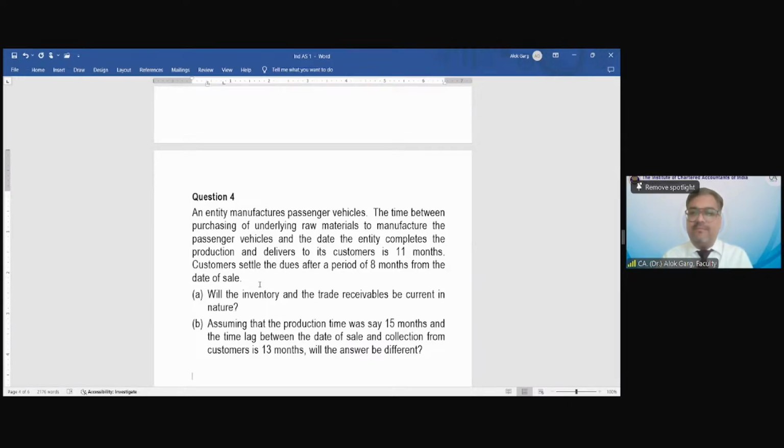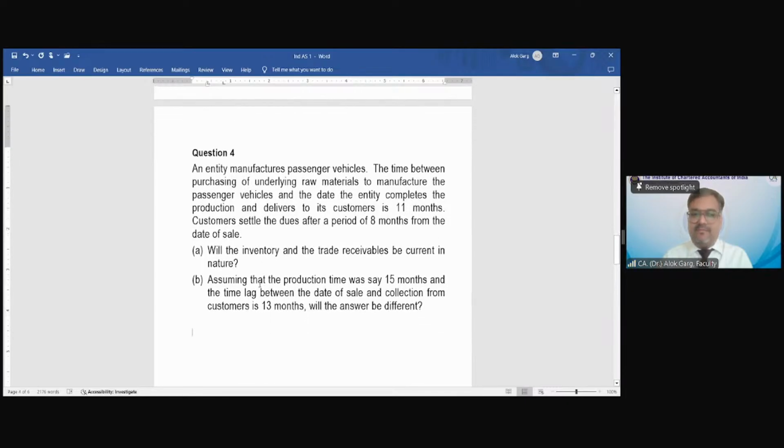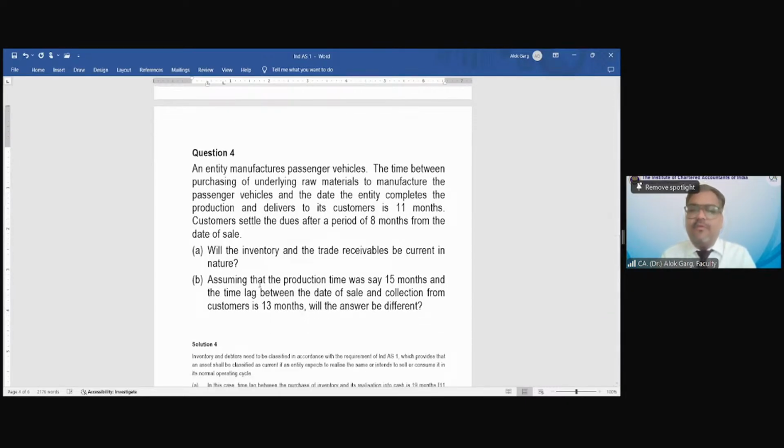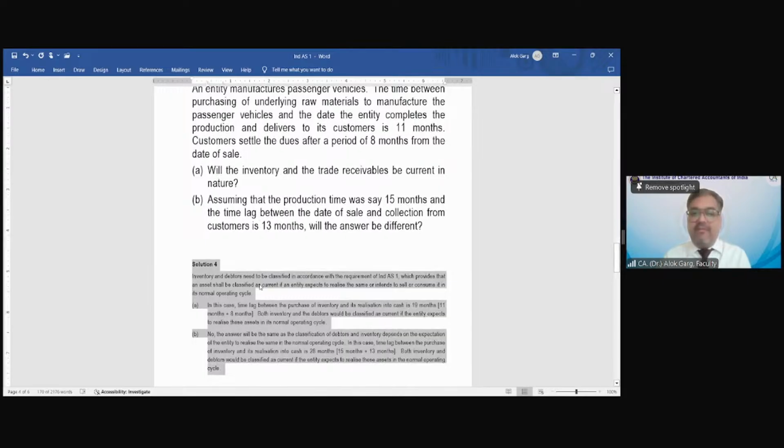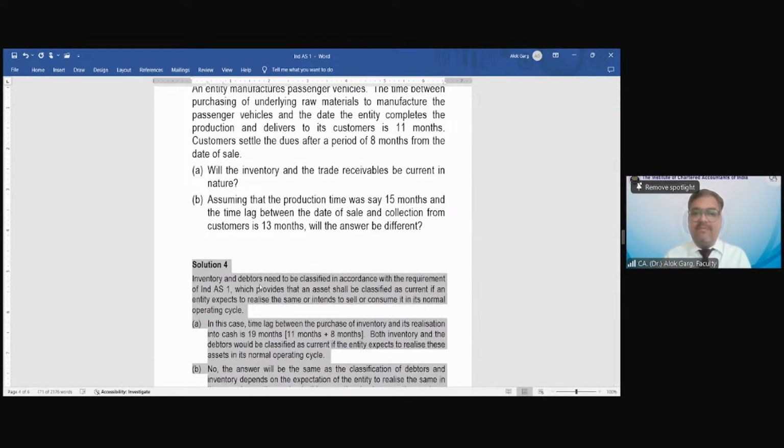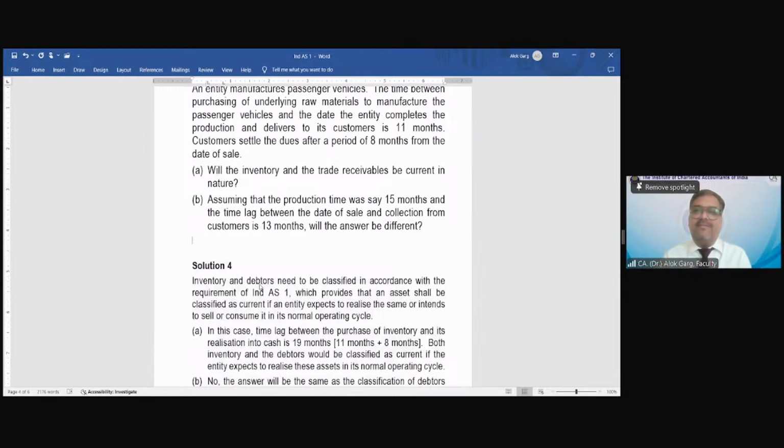No, the answer will not be different. Only the classification in notes will be within 12 months or more than 12 months. The question is whether this inventory and trade receivable will be shown as current or non-current. Current. Why current?